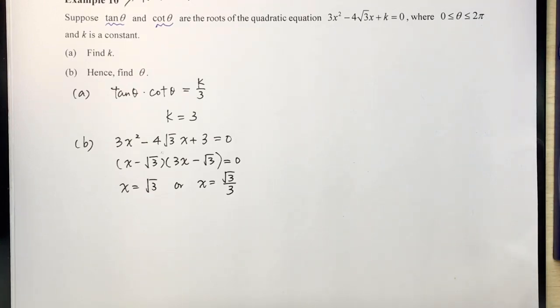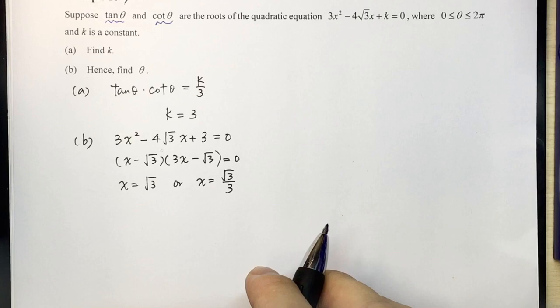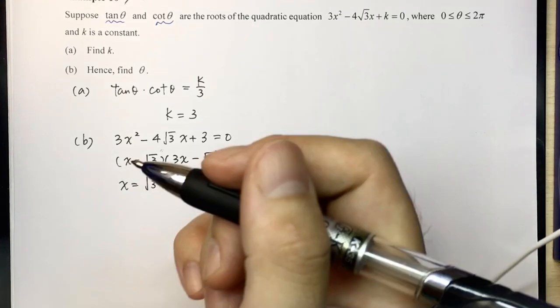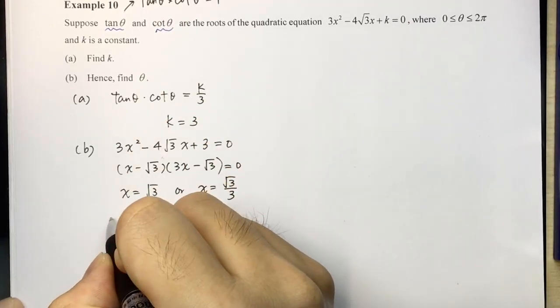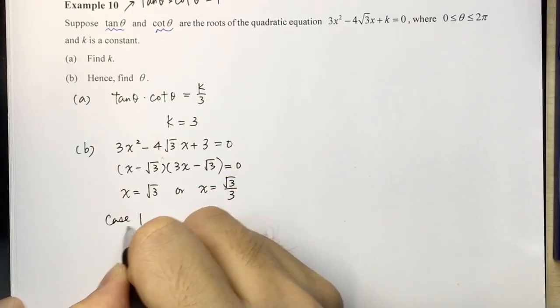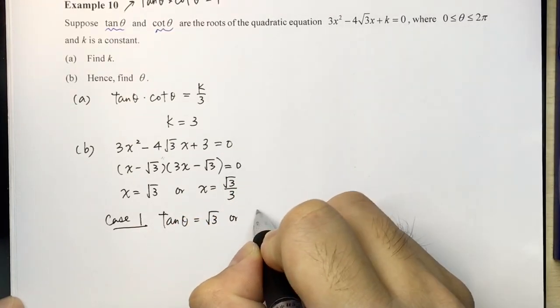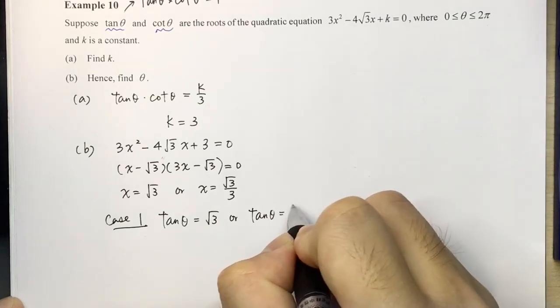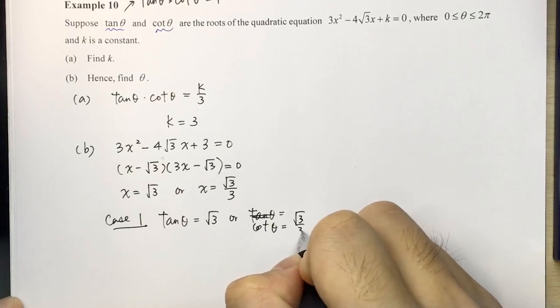Now, you have two roots. One should represent tangent theta and one should represent cotangent theta. But up to now, you don't know which is which, right? And that means you need to split the result into two different cases. The first case, case 1, tangent theta is root 3, or cotangent theta is root 3 over 3.